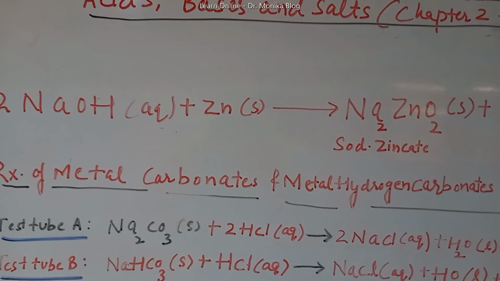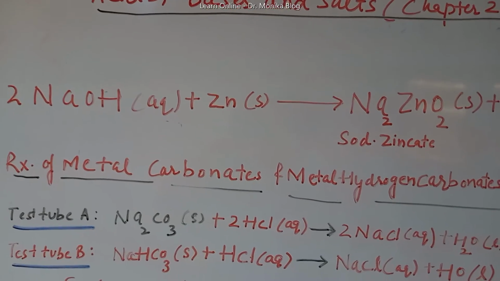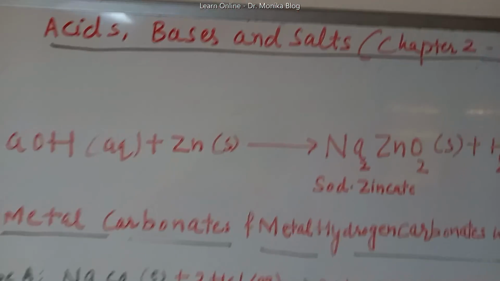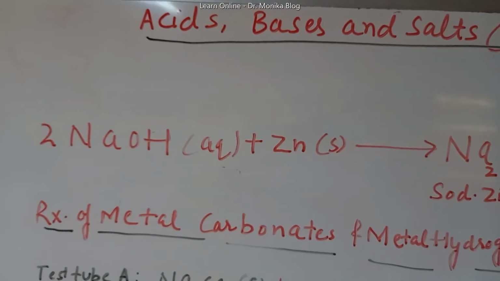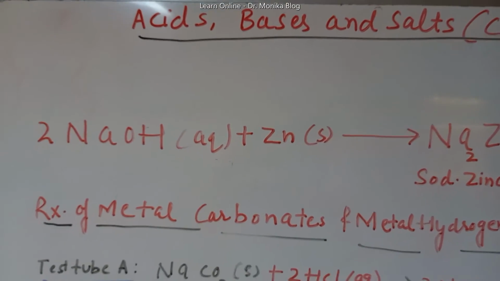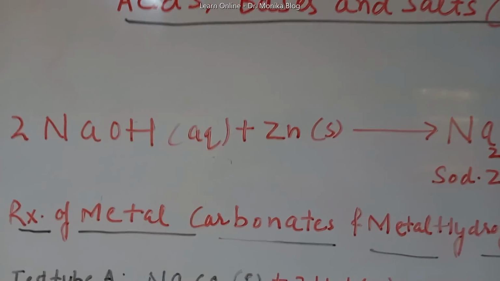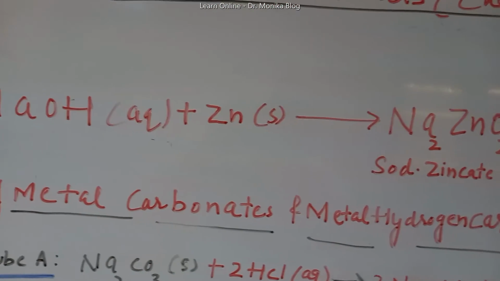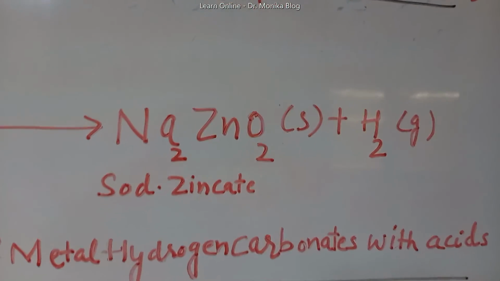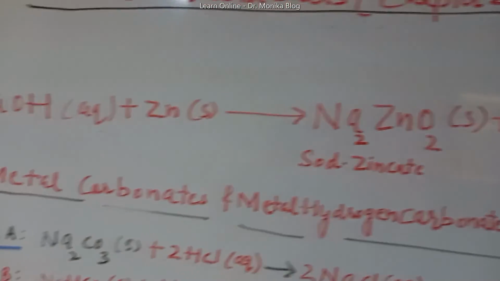We will take some pieces of granulated zinc metal in a test tube, and then add around 2 ml of sodium hydroxide solution, and warm the contents of the test tube. What we will see is formation of sodium zincate and release of hydrogen gas.